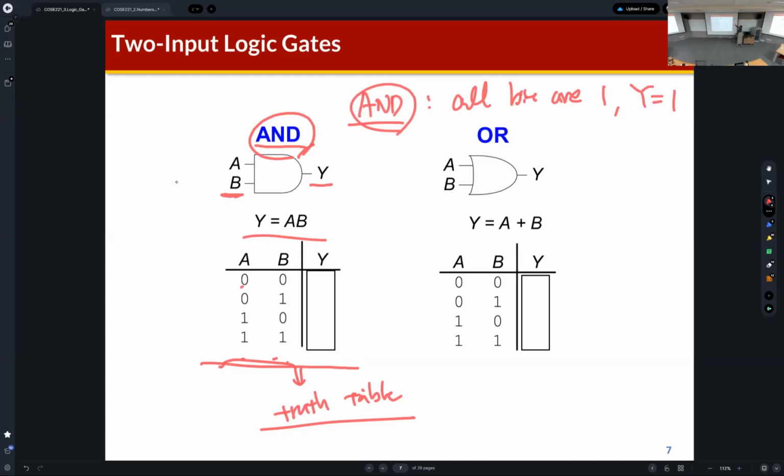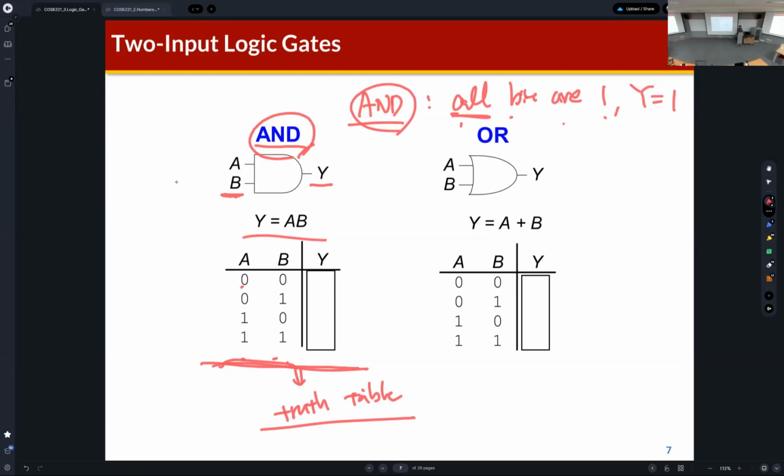This is the definition of the AND operation. So by definition, we can figure out the output value of the AND gate.